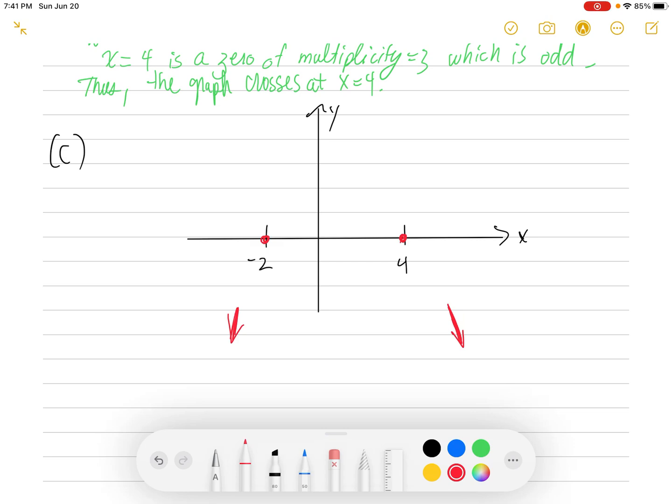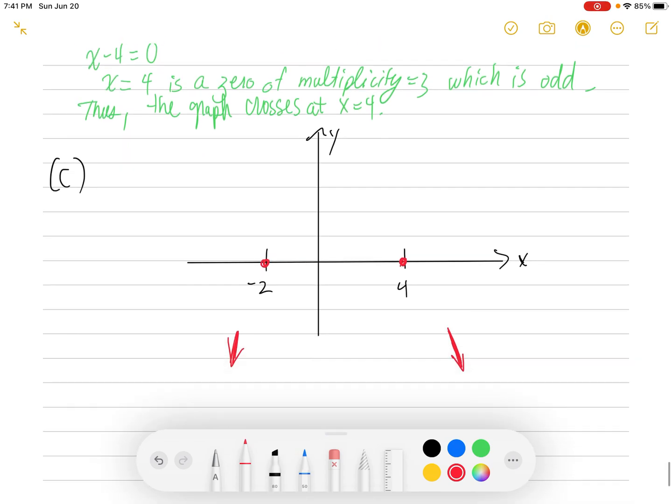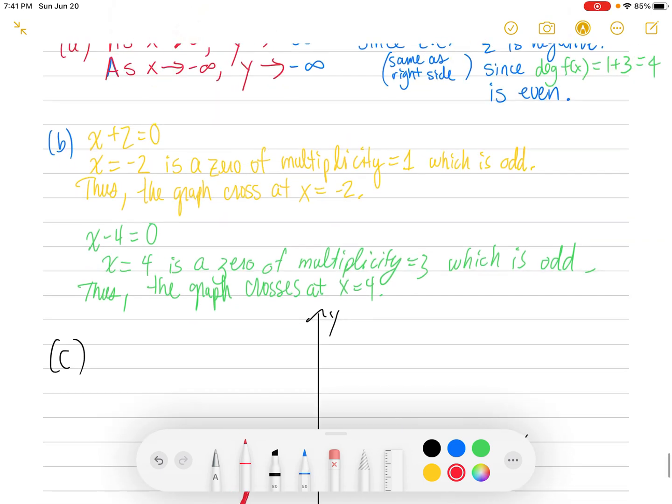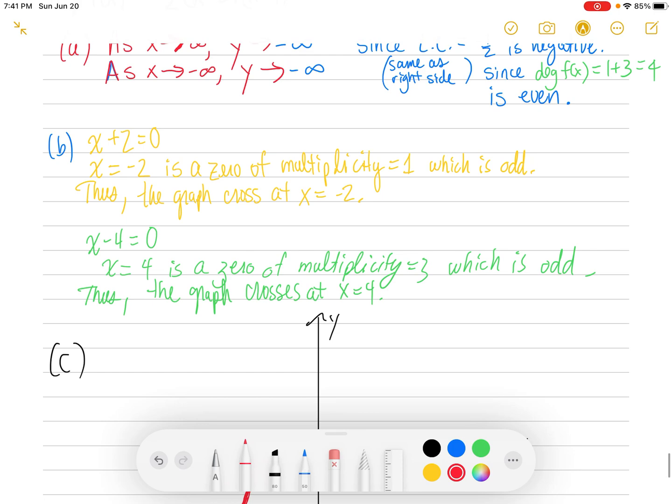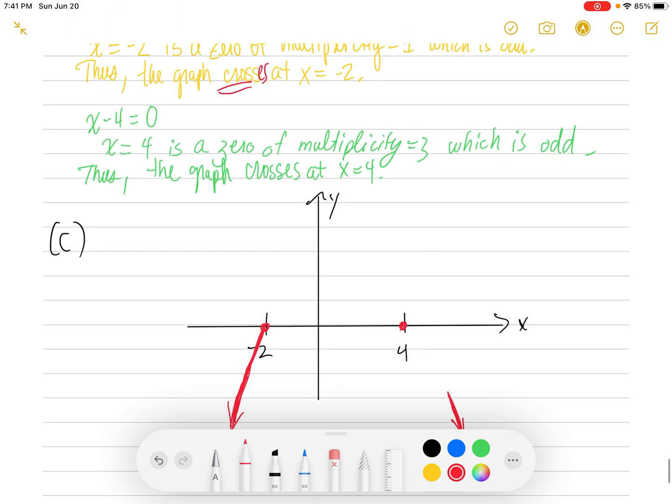So we're down here on the left, and basically on the left side, I'm going to start with the left side going down. That has to connect here to -2. What does it do at -2? We said it crosses, right? Crosses at -2. So it's going to go across there. And then it has to connect to 4, right? It has to come around and connect to 4. And what does it do at 4? It also crosses at 4.